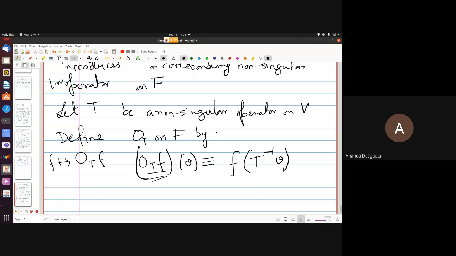But why do it that way? Why not say use f of TV? That could be at least an equally obvious choice. So take V, act on that by T, you get a new vector, you apply the function f on that, you get a number. You're done. That's your new function, the value of your new function acting on V. Why not?